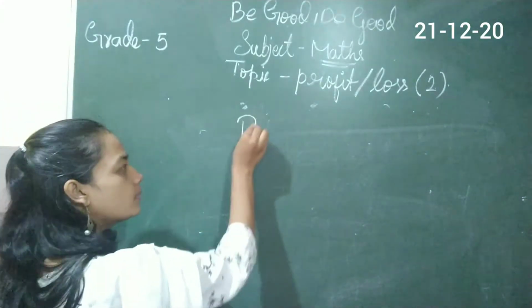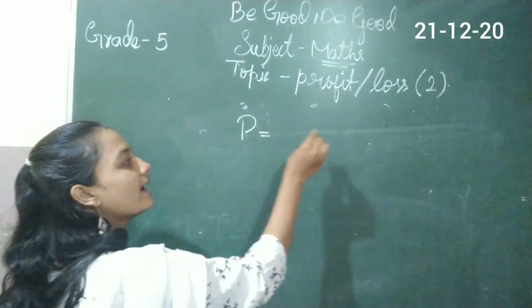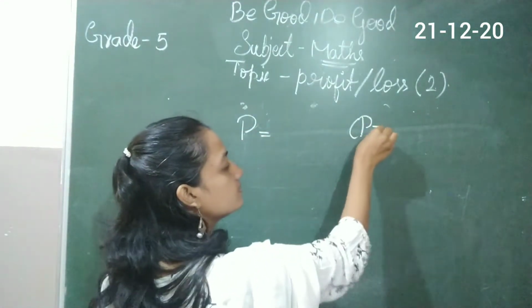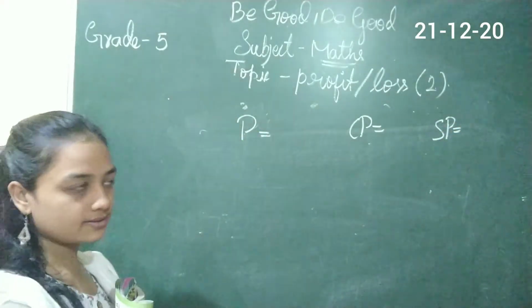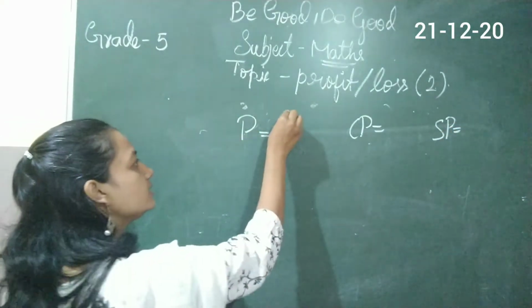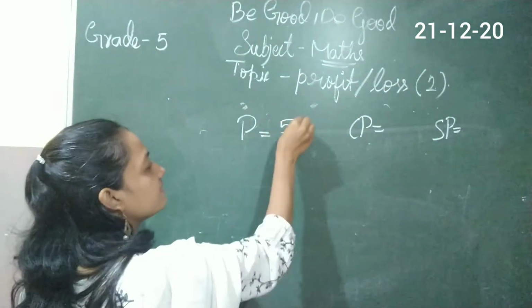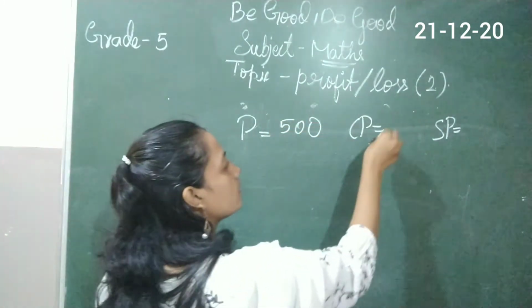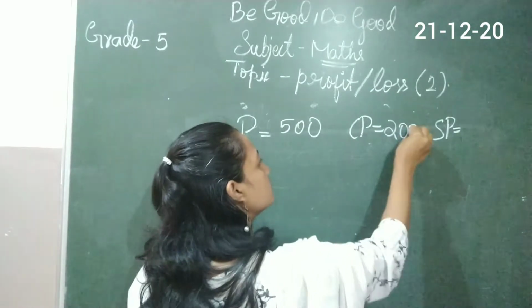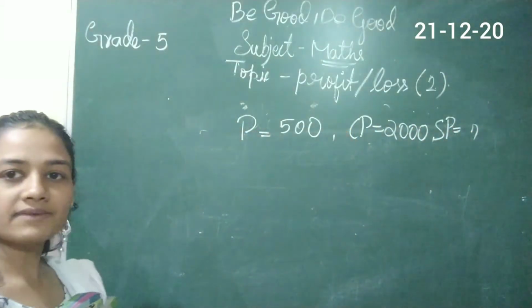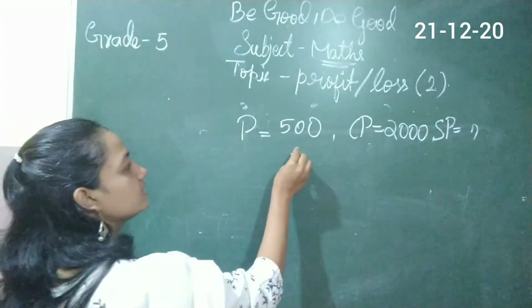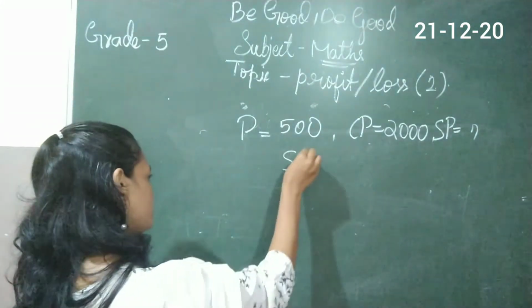So I give a profit and I give you CP and you have to find SP. So let's take the example. My profit is again 500. My cost price is 2000. What is my selling price? So I have to find a formula to do that. So my formula is SP.